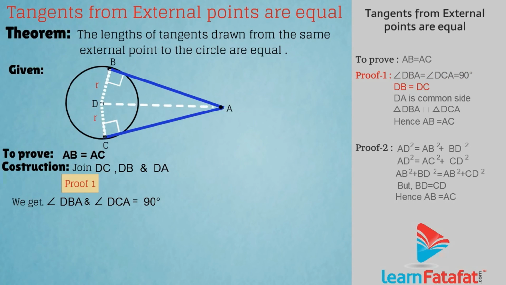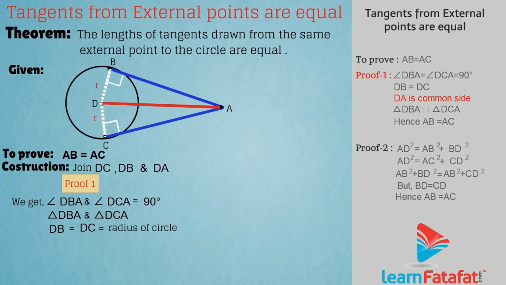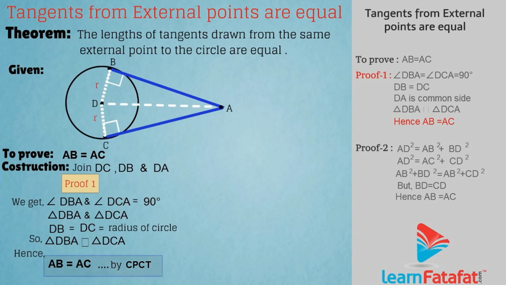So now we have two triangles, triangle DBA and triangle DCA, which has DB equal to DC equal to radius of circle. DA is common side of both triangles. So triangle DBA is congruent to triangle DCA. Hence AB is equal to AC by CPCT. Hence it is proved that the tangent from the same external point to a circle are equal.